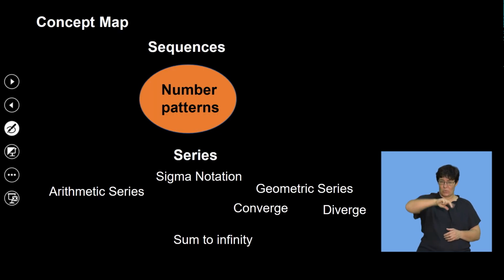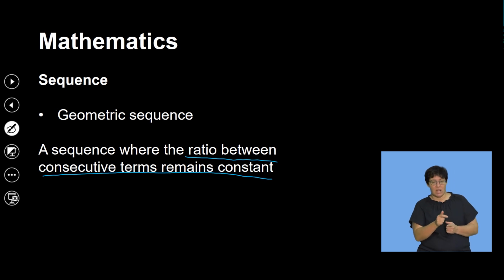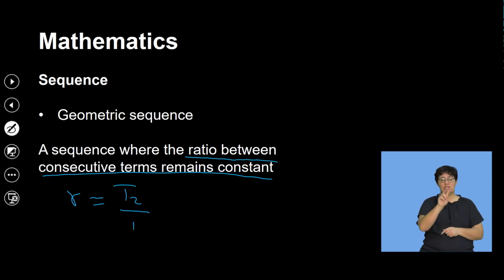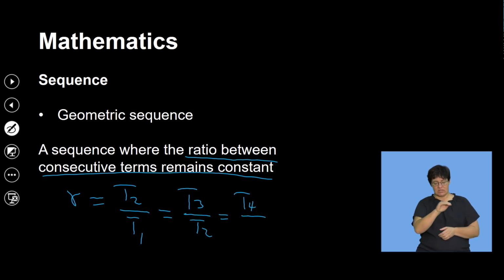With a geometric sequence, it will be where the ratio between consecutive terms remains constant. So the ratio is normally given by a small letter r, which is the same as saying T2 divided by T1, which must be equal to T3 divided by T2, which must be equal to T4 divided by T3, continuously.